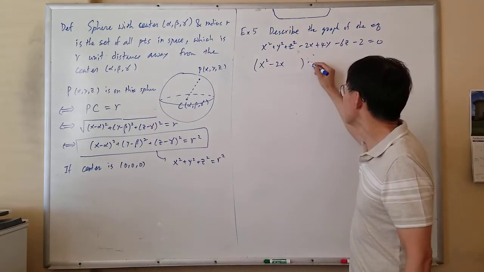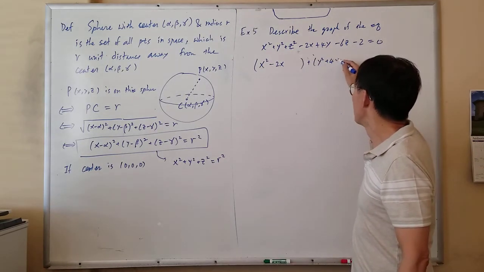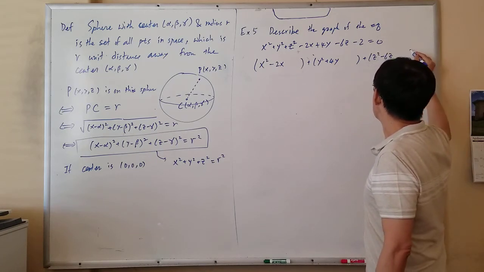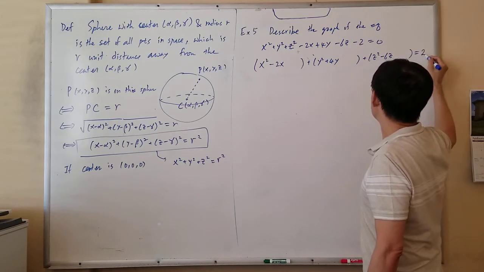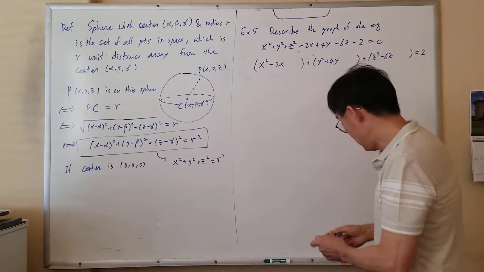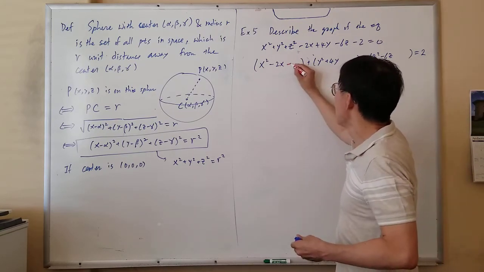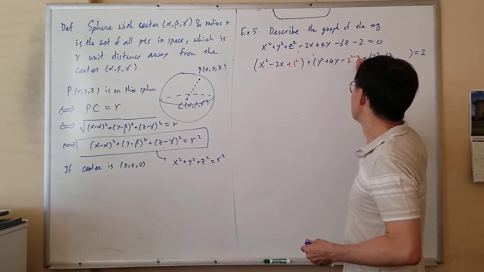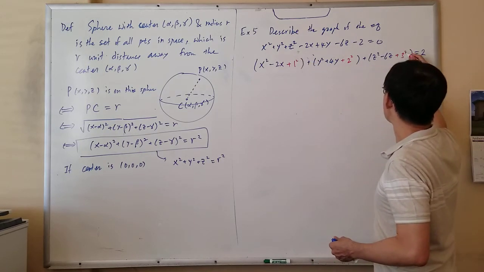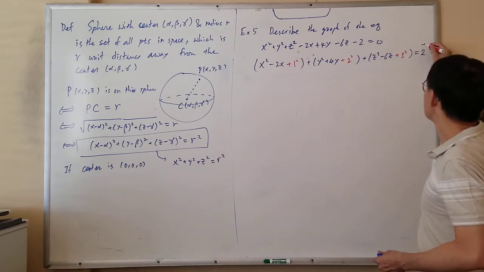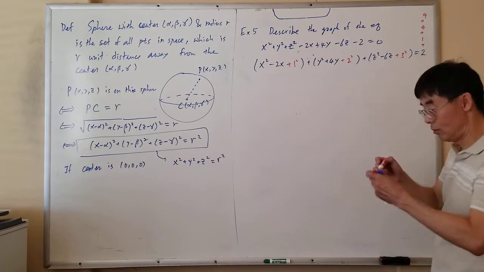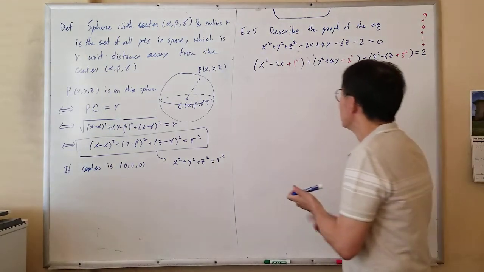So I'm going to write x squared minus 2x, y squared plus 4y, and z squared minus 6z equals 2. Now, we want to halve the coefficient and square it, so you need to add 1 and 4 and 9 to both sides.